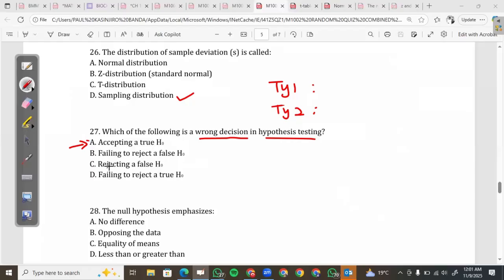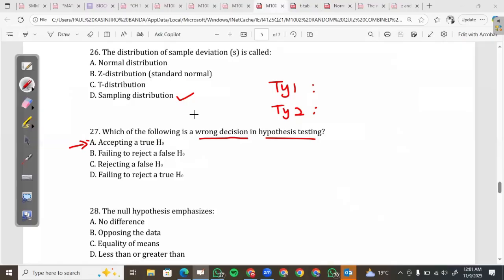So if we fail to reject a false null hypothesis, what type of error are we committing? Are we committing type 1 or type 2? Type 2, right? Yeah. So failing to reject a false H naught is a type 2 error.